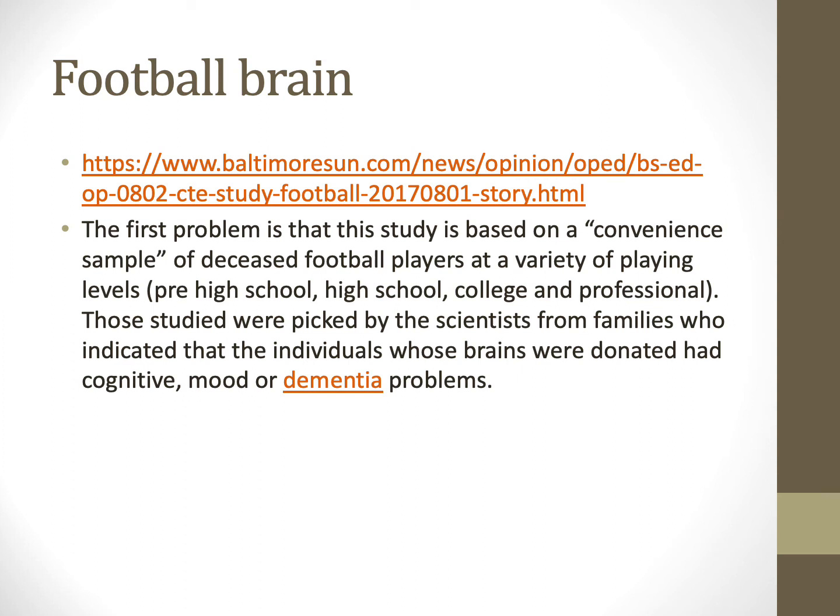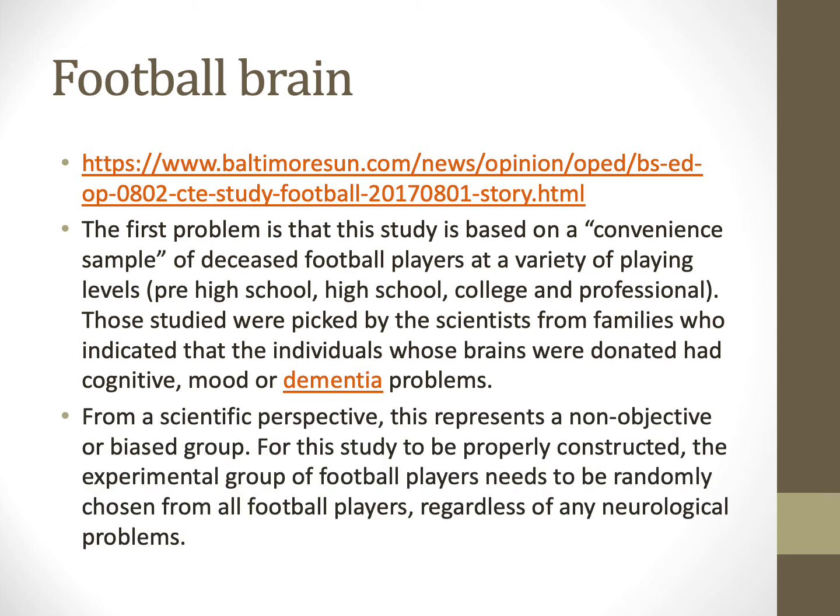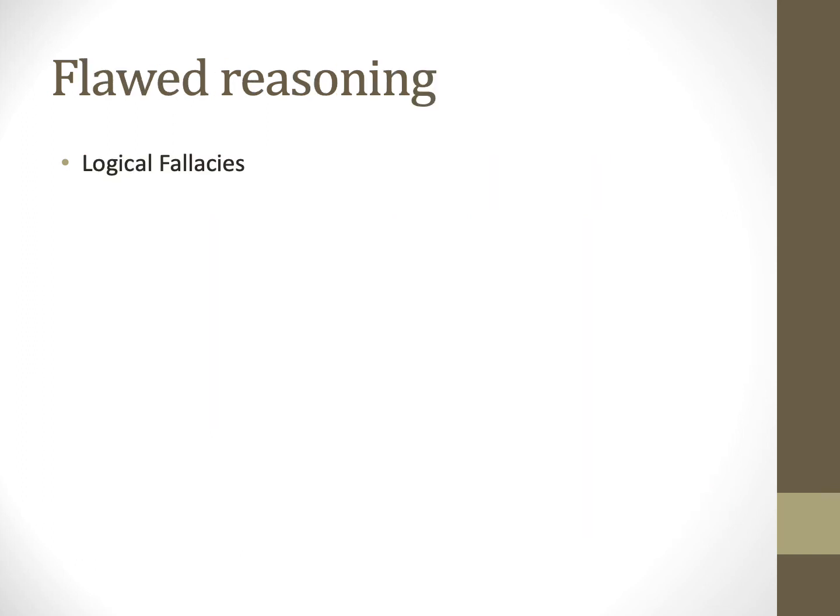I will give you this PowerPoint also just as a PowerPoint if you want to look at these links, because there are many links in here that we would have gone to in class, but make it impossible when I record the PowerPoint this way. So here the problem with the sample size is that it's totally based on the bias of only those who had played football. So this again is a faulty sampling problem.